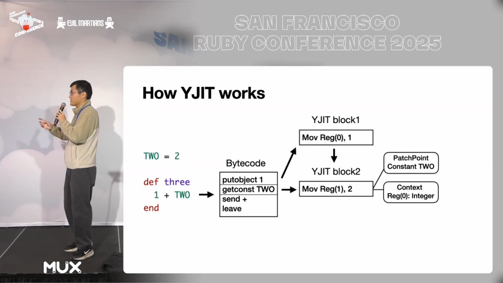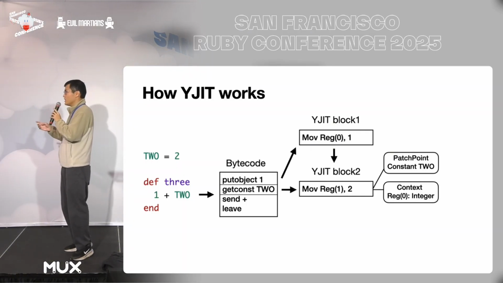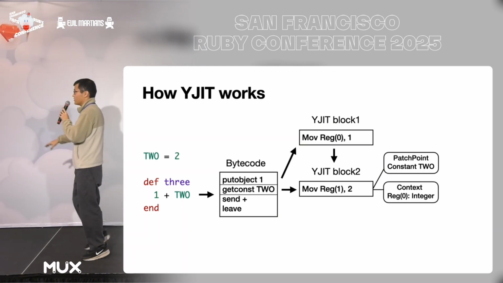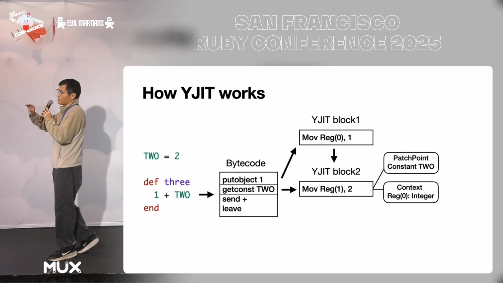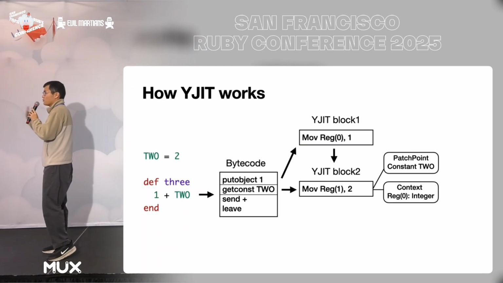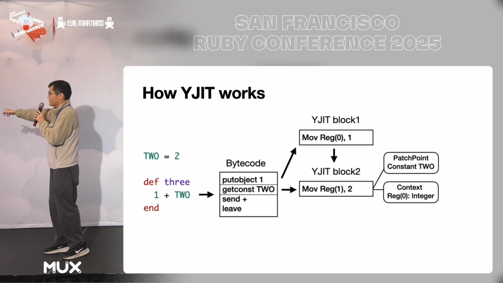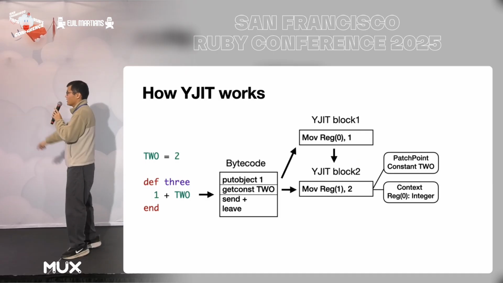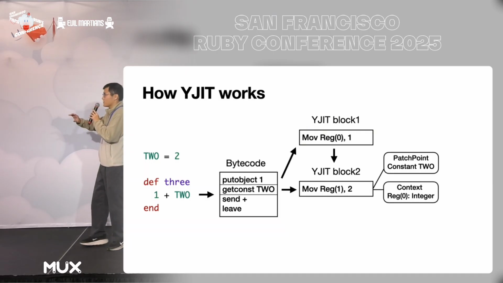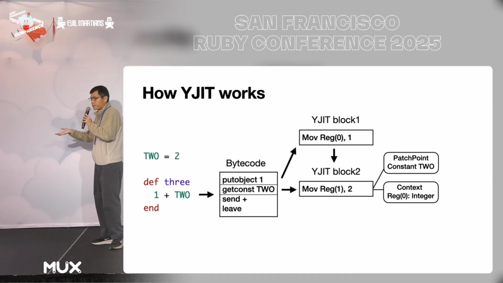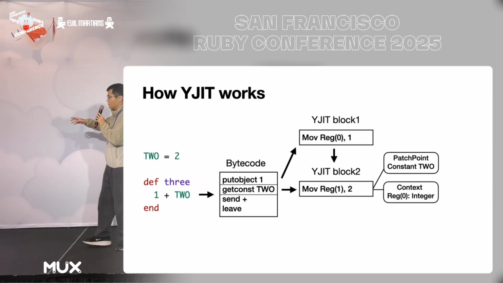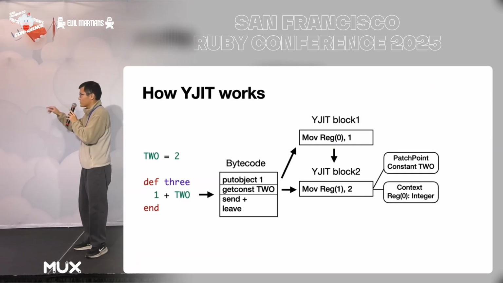And then what YJIT does is profile the types at runtime. We need to split the block into smaller pieces than the actual basic blocks, such as this get_const, which is referring to the constant 2. To get the type of constant 2, if you just look at the bytecode, you just know the name of the constant, that is 2, but you don't know what is inside.